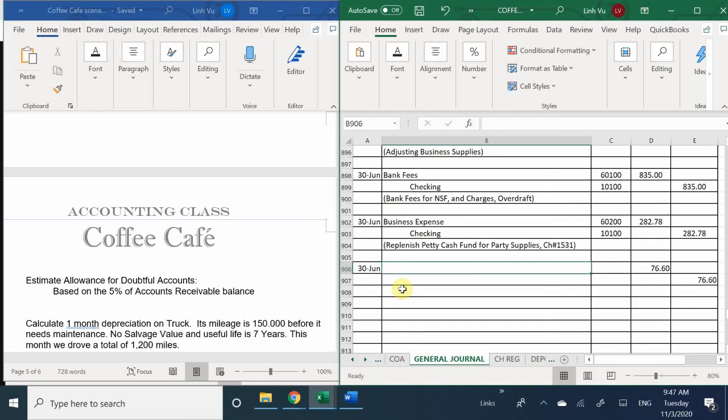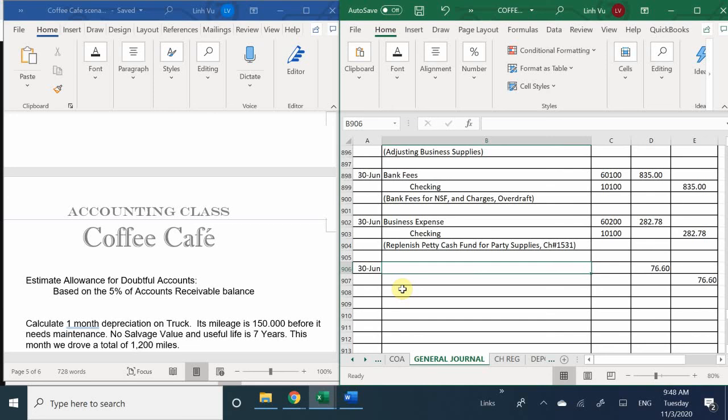But in this case, I want to just have you guys practice doing it. So in this case, we have a whole bunch of customers, right? We don't know who they are. We don't know if they're going to pay us or not. So here we're just going to take the safety measurement of 5%, right? Usually businesses are allowed up to anywhere from 5 to 10% to actually claim a loss.